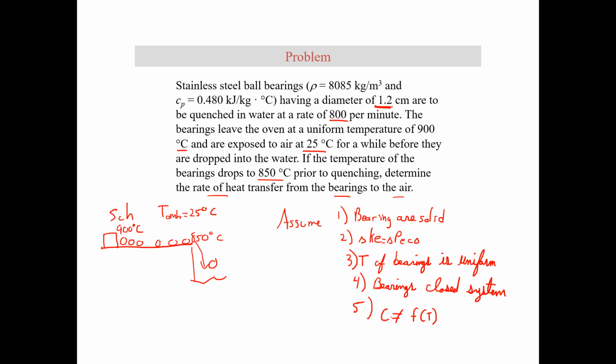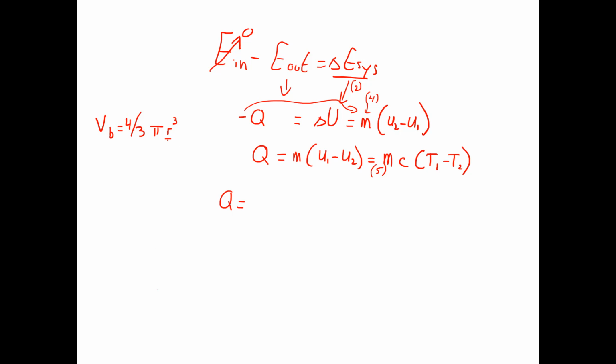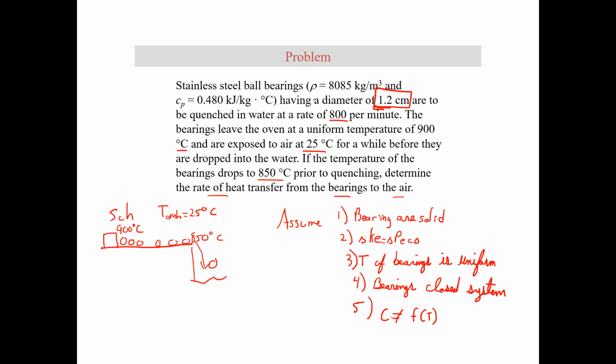Yes, here it is. We have the diameter, which is 1.2 centimeters. With that diameter, you can find the volume. And the mass is going to be the density times the volume. Again, the problem statement gives you the density of the ball bearings, which is 8,085 kilograms per cubic meter.